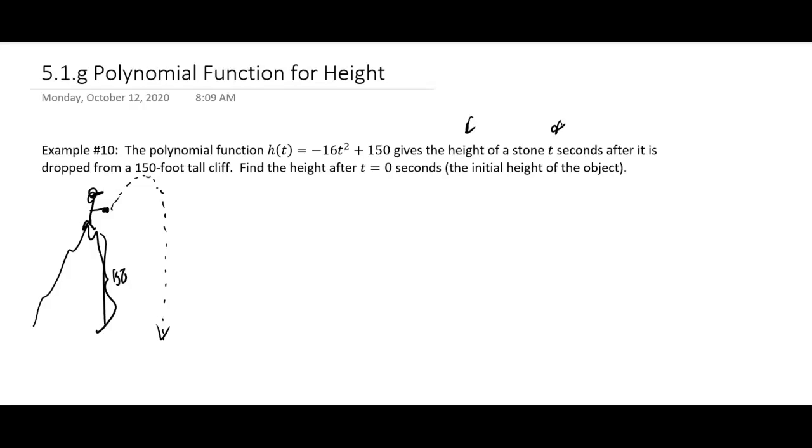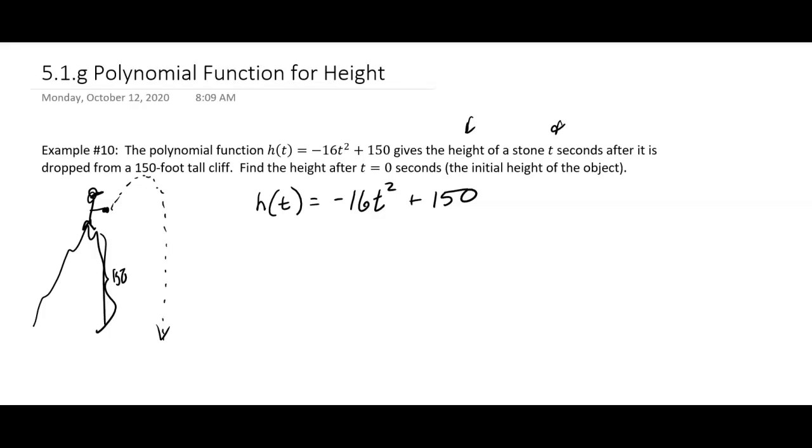Okay, so this function they give us, h of t, says you can determine the height based on how much time has gone by. So you throw the rock up, 1001, 1002, how many seconds, and then you could figure out when it's going to hit the ground and things like that.